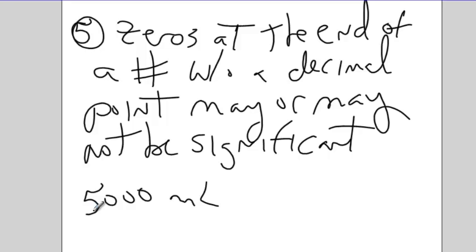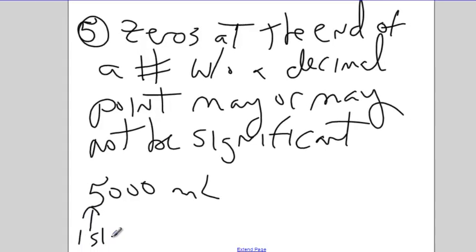So, what we need are conventions. Something to tell you, the reader, which one I mean as my estimated digit. Okay, so the rule is, if I only have one significant figure here, I don't do anything. I just write this 5,000, and the only thing you can be sure of is that one sig fig.